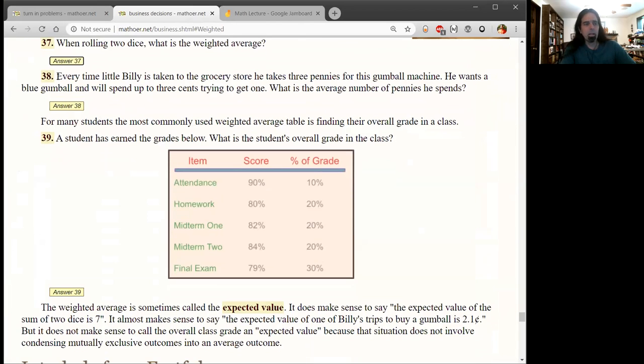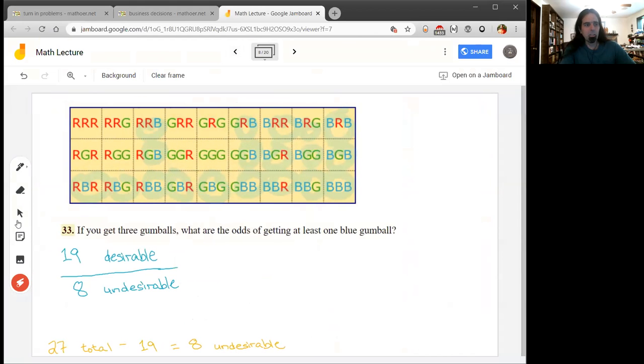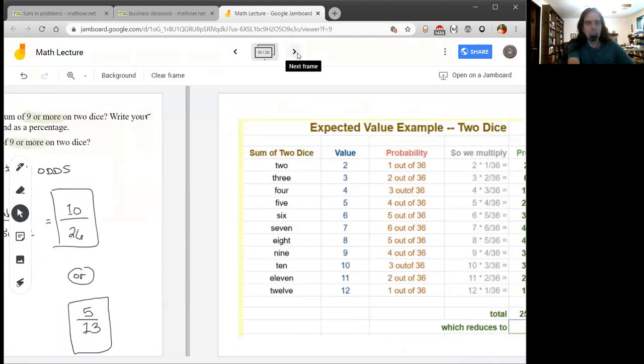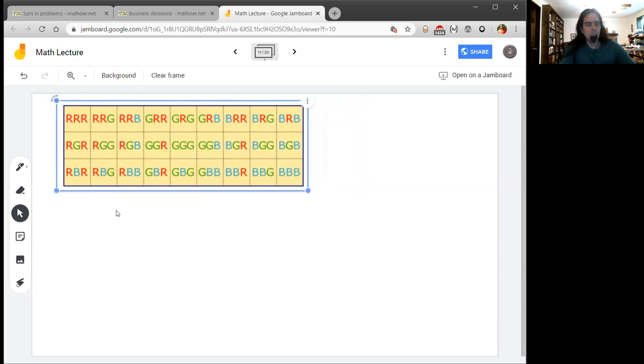Okay, so let's go back to one that we don't know the answer to. We all knew already that the average of 2 dice is 7, probably. So we have the 3 gumballs.